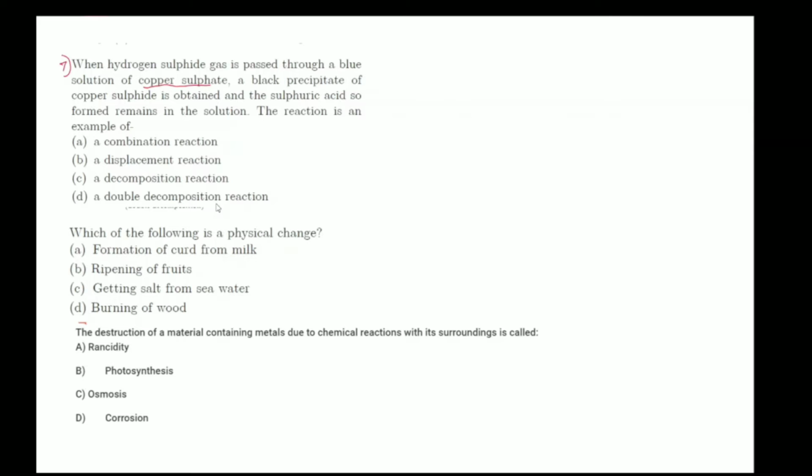Okay, let me explain the question again. This one is telling you that hydrogen sulfide gas is combining with copper sulfate, and a black precipitate, copper sulfide, is formed.